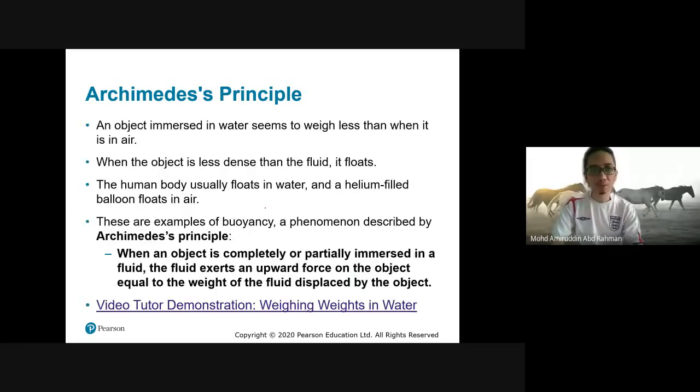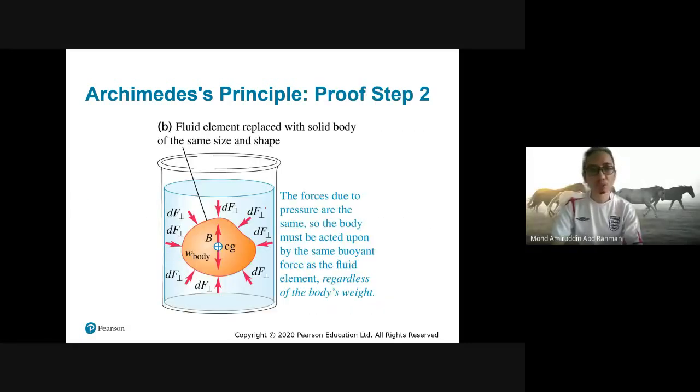For example, an object immersed in water seems to weigh less than when it is weighed in air. Why does that happen? You see that the buoyant force is acting on the weight. The forces due to pressure are the same, so the body must be acted upon by the same buoyant force as the fluid element.